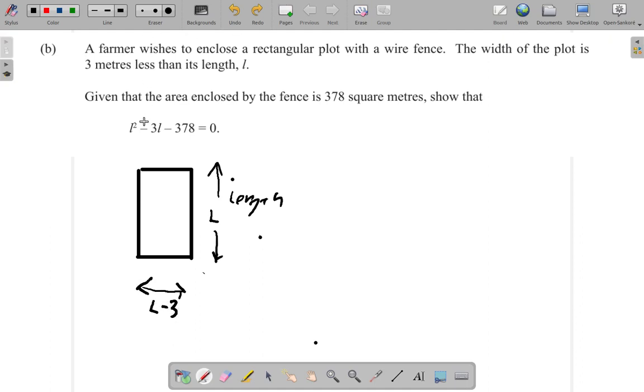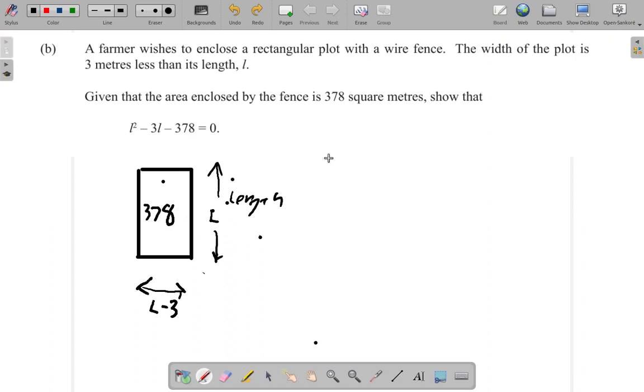Remember that it is a rectangular plot enclosed with a wire fence. So these 4 lines would be like the fence you're looking at, and the area is 378 square meters.